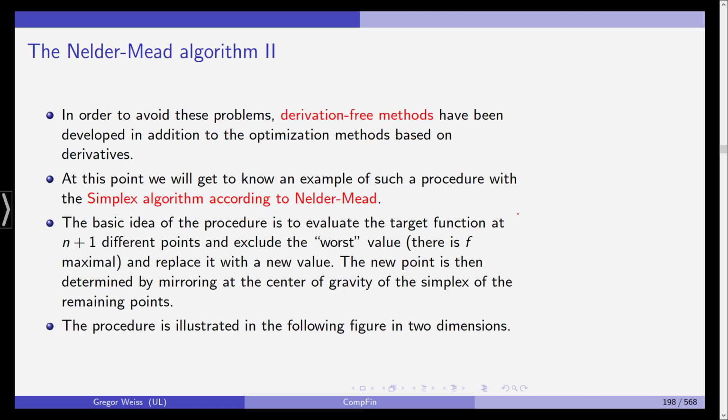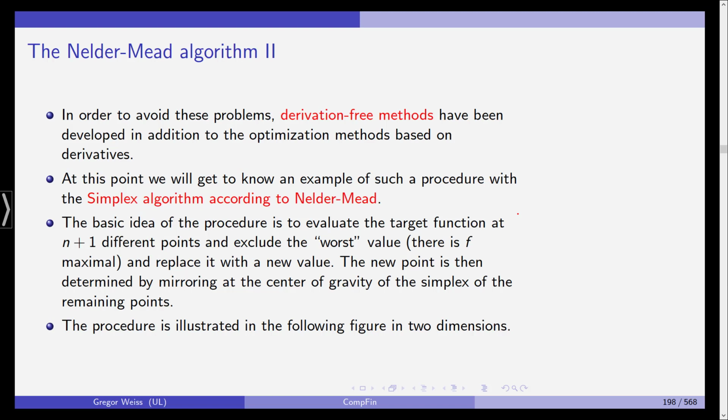So what to do? In this case, one can resort to derivative-free methods, for example the simplex algorithm according to Nelder-Mead, or simply the Nelder-Mead algorithm. The idea is, it's a heuristic to evaluate the target function at n+1 different points, exclude the worst value, because at this point f is maximal, and replace it with a new value.